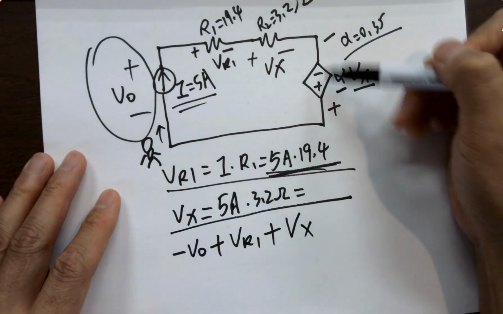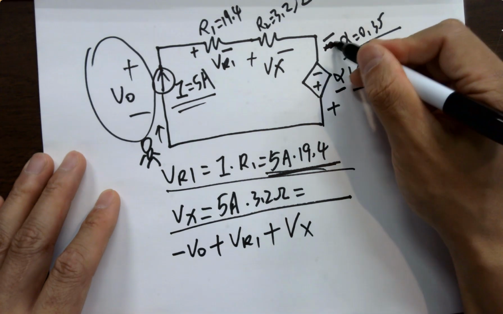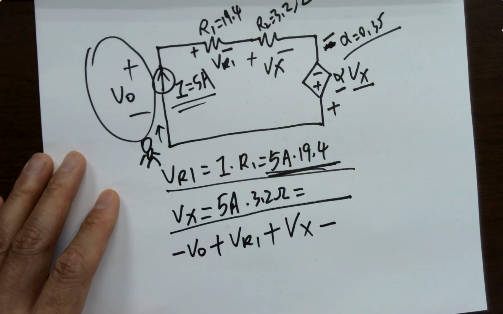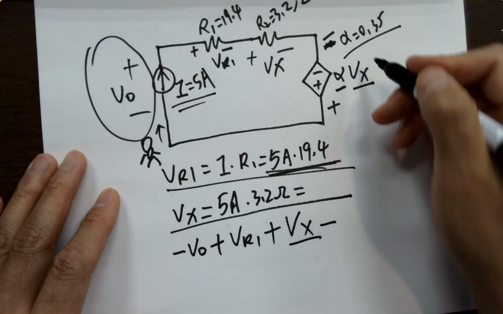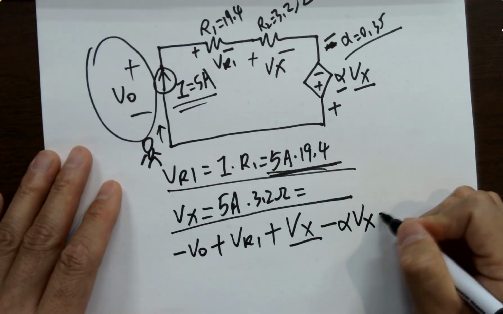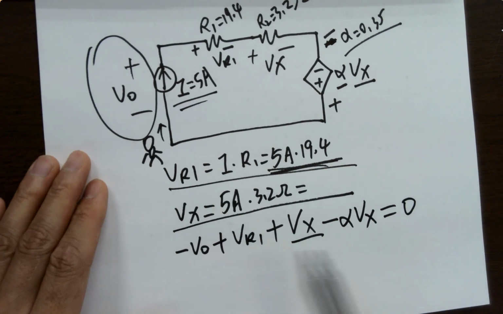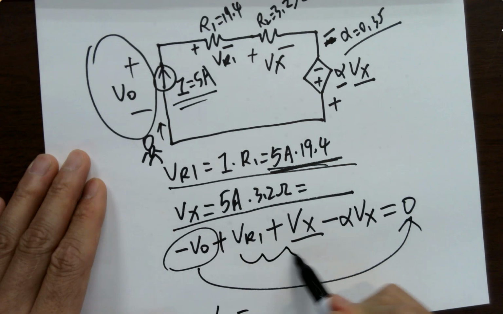And what's next? Plus or minus? Minus. Minus what? Alpha Vx, right? Vx is easy to calculate. Alpha is given. Definitely you can find out alpha Vx. Equals 0. So if you move this guy to here, you're getting V0 equals all these kind of things, right?